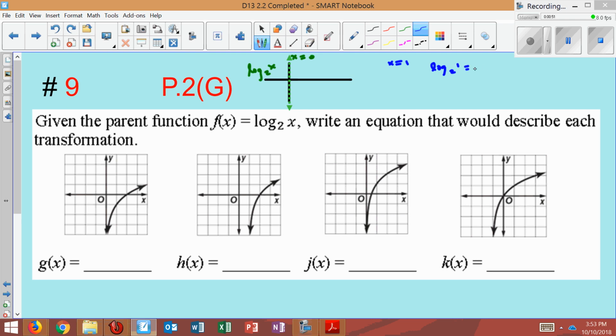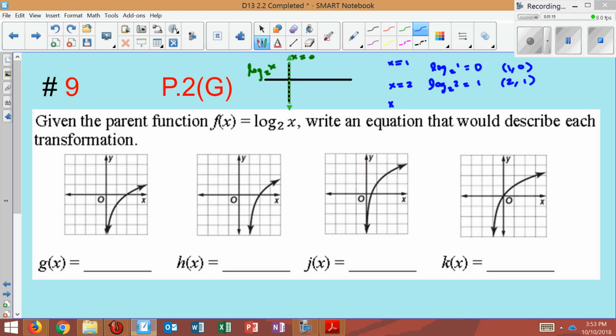The answer is 0, because anything to the 0 power always gives you 1. So this would be the point 1 comma 0. And if x equals 2, you'd be saying log base 2 of 2, the base of 2 raised to what power gives me 2? The answer is 1. That's my y, this is my x, so this would be 2 comma 1.